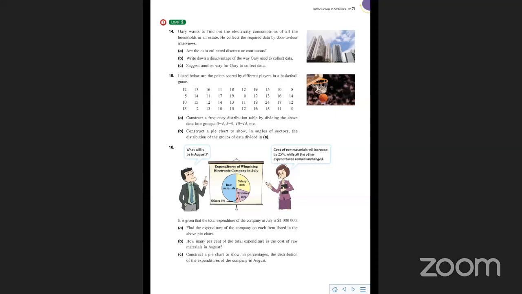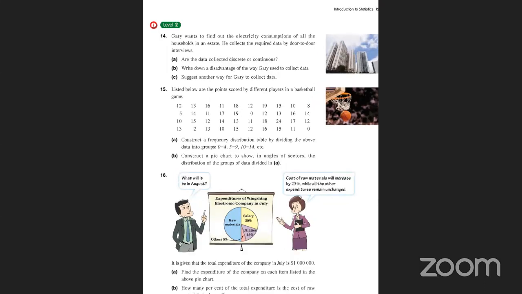All right, let's look at 15. I'm not going to do the whole question with you, but I will just explain to you what you are going to do, and then you finish the remaining part.